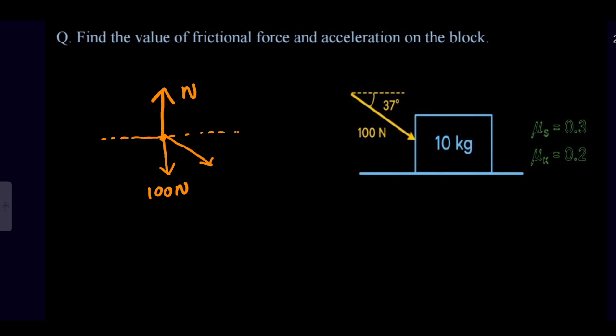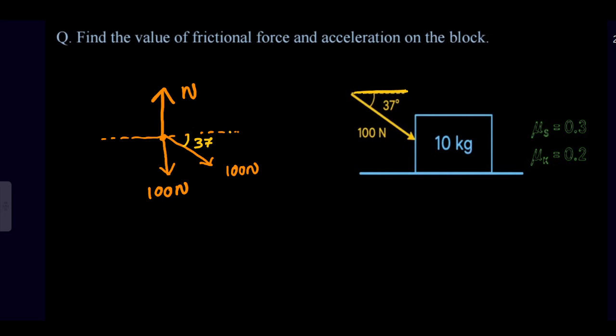How much is it given? This is 100 newtons. And which angle is given, the x-axis angle or the y-axis angle? Where is the angle given? This is the x-axis angle, this angle only. This angle is given as 37.